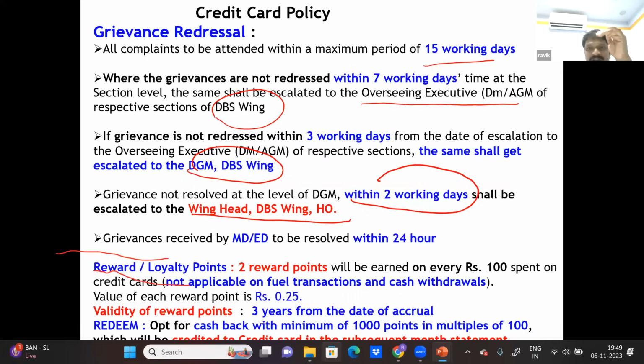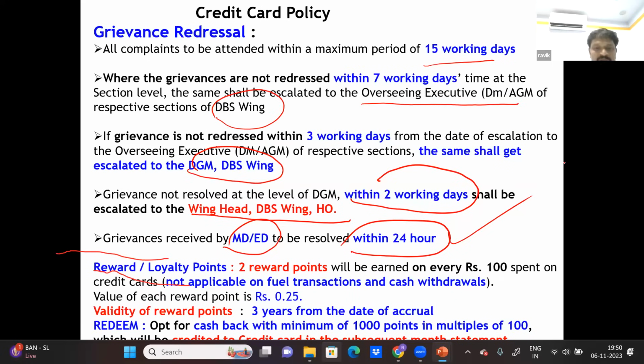If he is not doing it in 3 days, it will go to AGM, DGM of the DBS wing. If the DGM of the DBS wing is not doing it in 2 days, it will go to DBS wing HO. This is the concept of the escalation system in grievance redressal with regard to credit card. But remember, if a grievance is received by MD sir or ED sir, within 24 hours it should be resolved. Remember, MD, ED means within 24 hours.